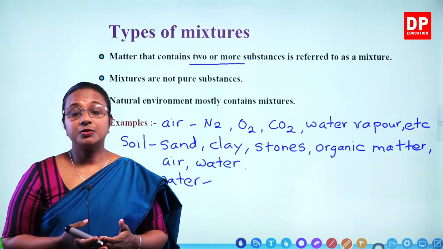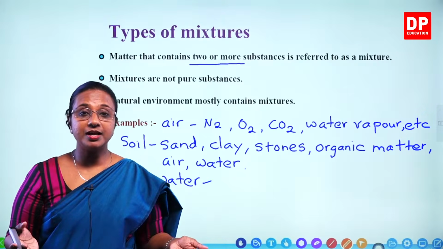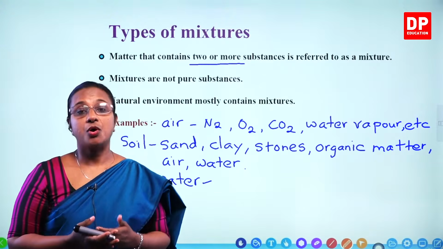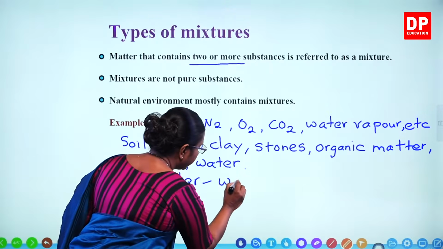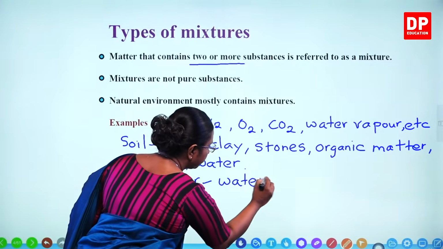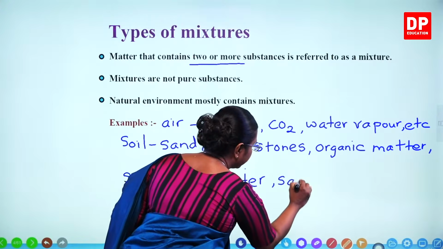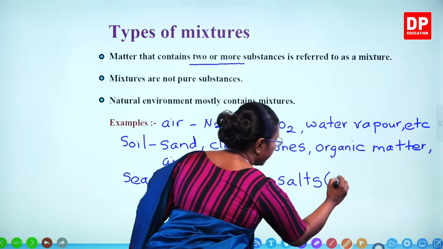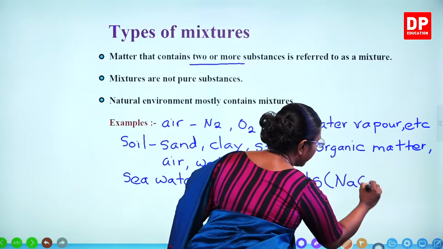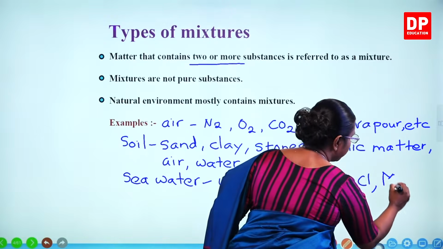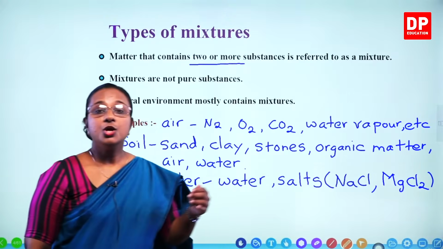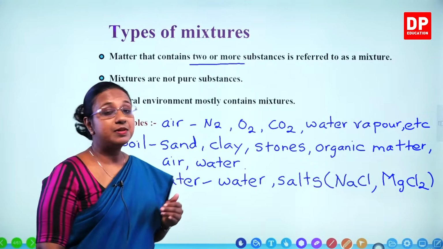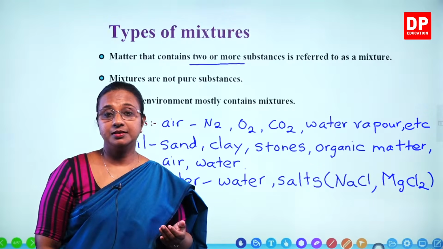There is sodium chloride, magnesium chloride and many other salts present. So, sea water has water as the main component. In addition to that, there are salts like sodium chloride and magnesium chloride. So, these are examples from the environment.